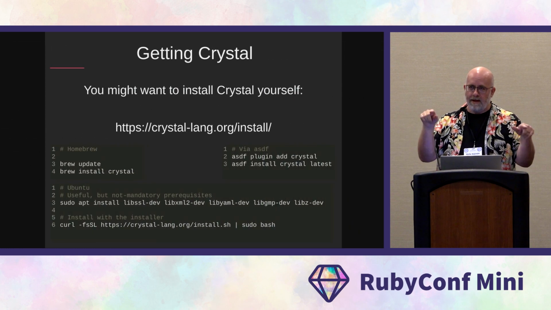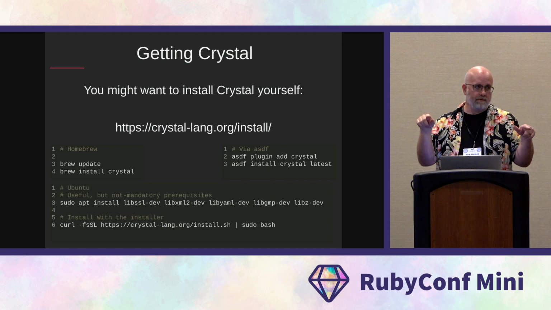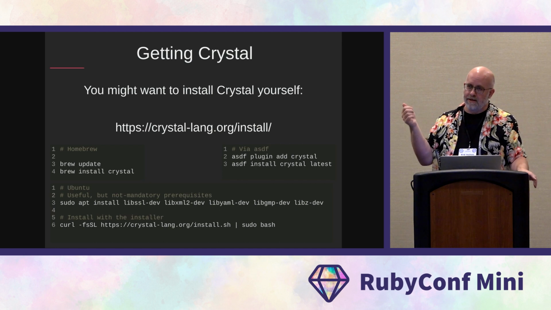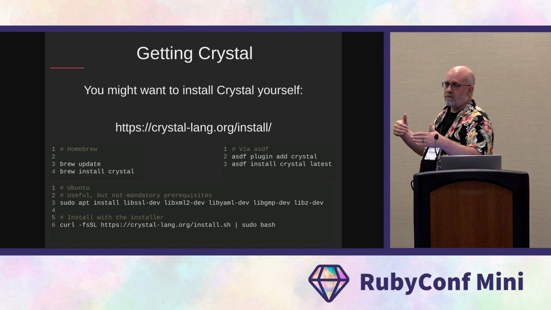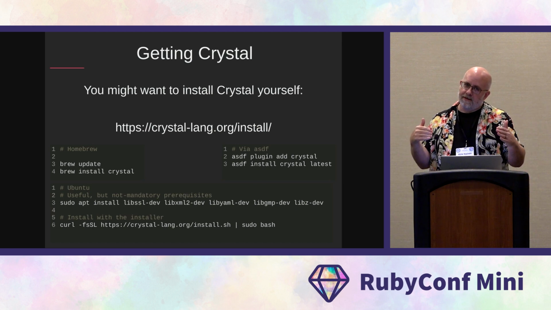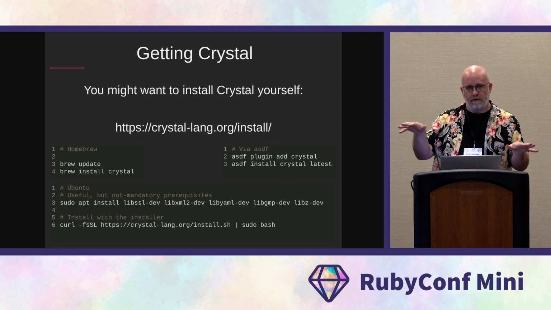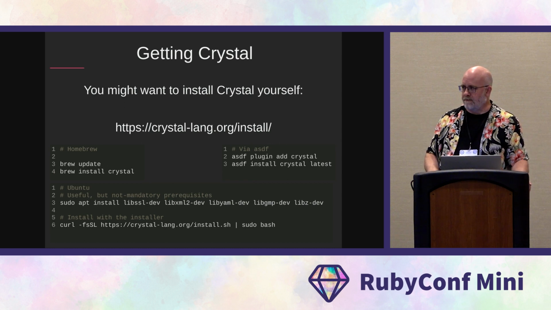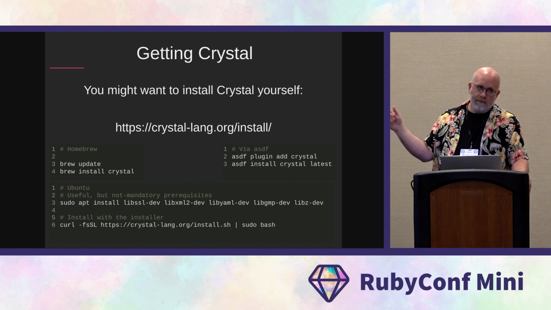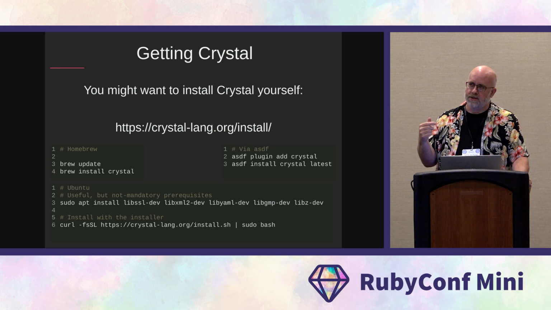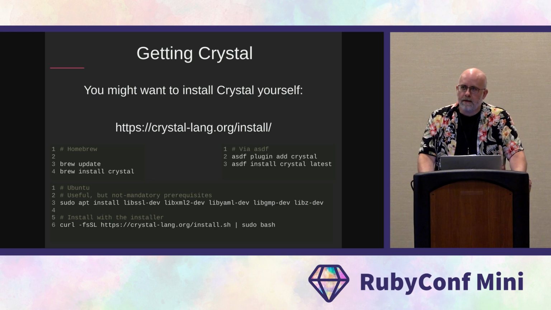If you don't have Crystal installed on your system and you want to install it, it's really easy to do that. Now that we're done with the me talking part and we're to the you guys playing part, you might want to install it if you want to play with it and ask me questions. If you go to crystallang.org/install, it's got guided installation steps for any operating system you might be using.